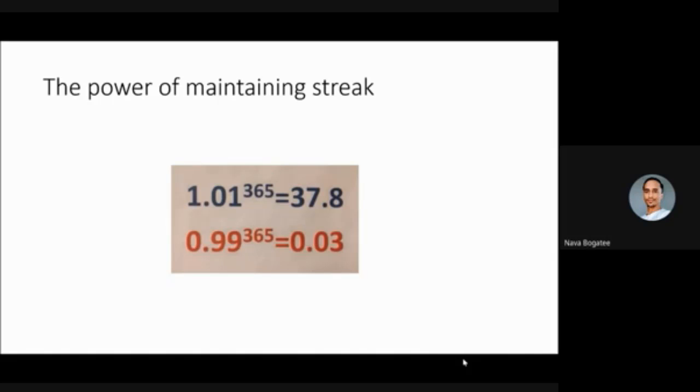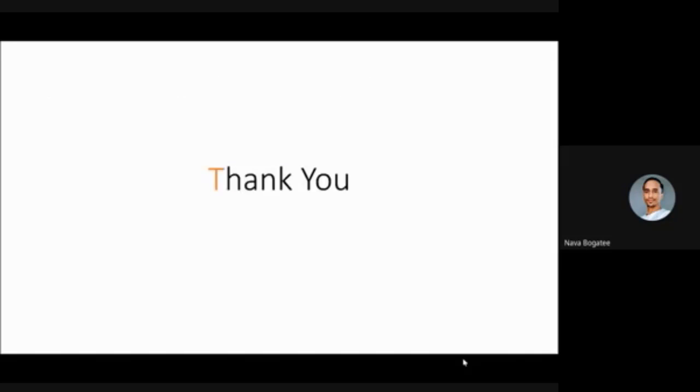But if you give slightly less, the total for 365 days is very small. So think of this. Try to maintain a streak. Identify your passion. Think what you want, what you're fond of, and try to maintain a streak. And you will see the effect. Thank you, guys.